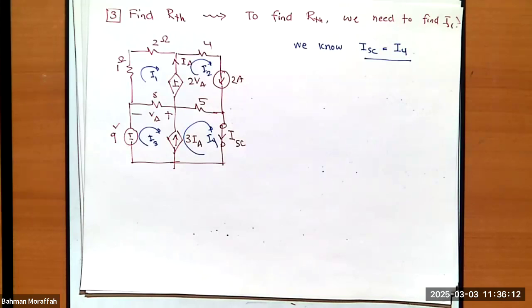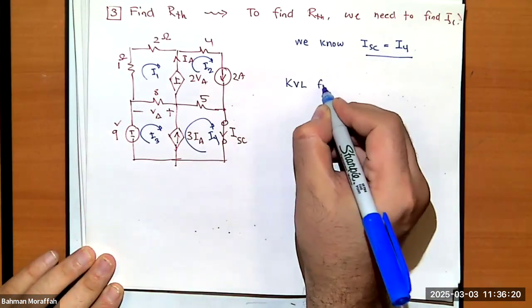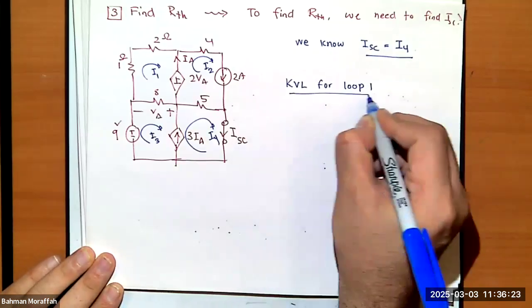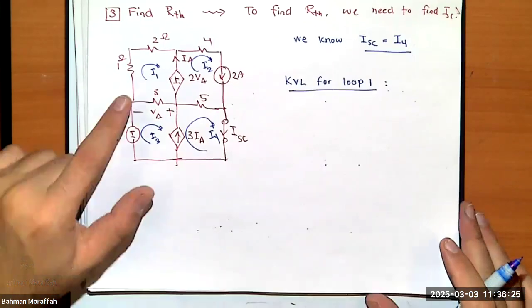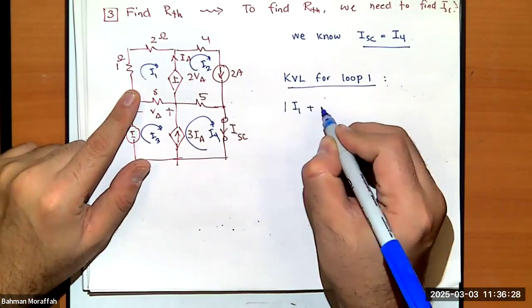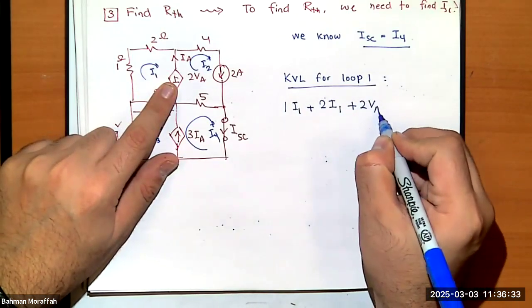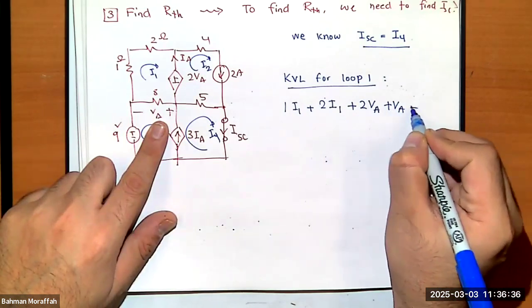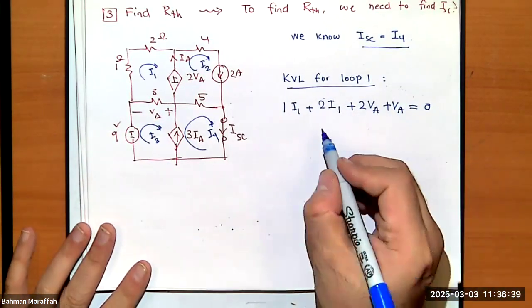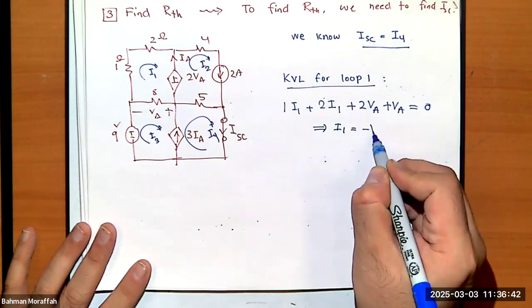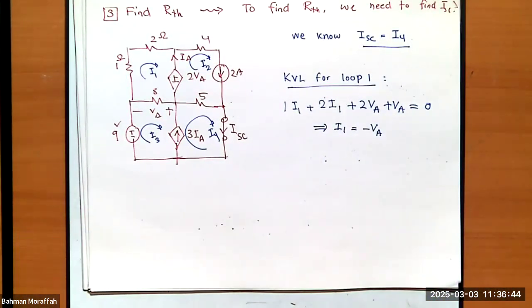Right? Now the rest is just very simple. I can write a KVL for loop 1. Can I? I can. There's nothing going on in loop 1. So KVL for loop 1. I have 1 times I1 plus 2 times I1 plus 2 VA plus VA. That must be 0, which indicates I1 must be negative VA. Again, I came across an equation that's written in terms of an unwanted variable.